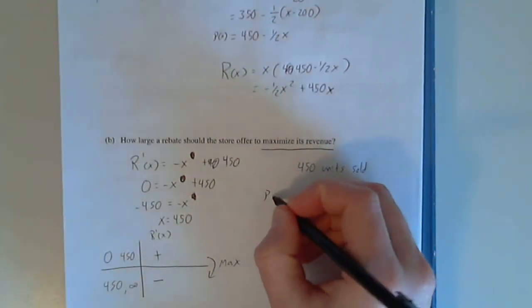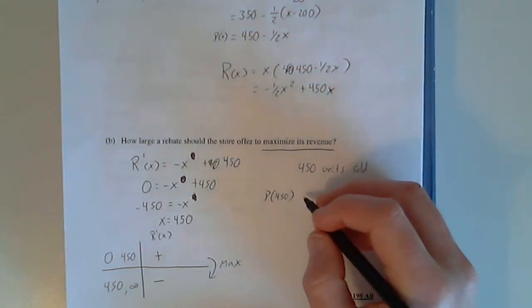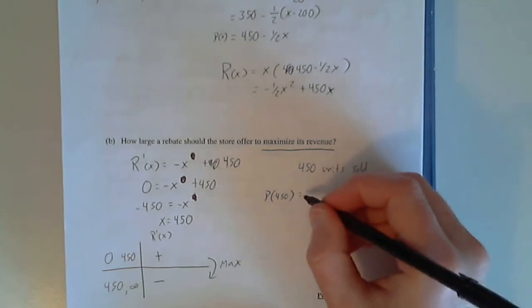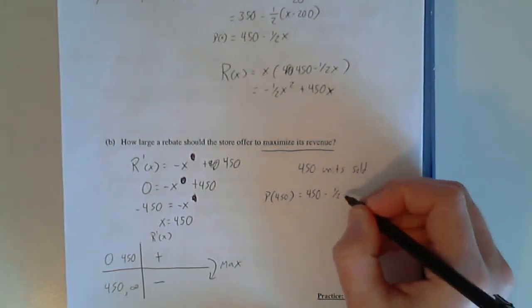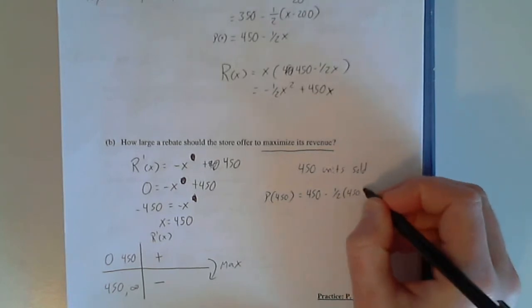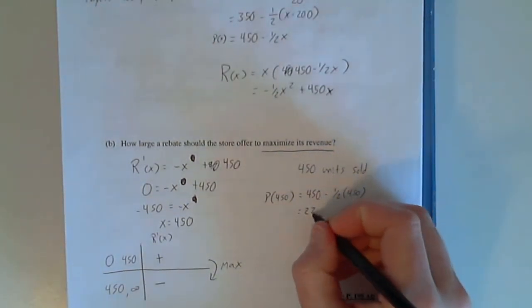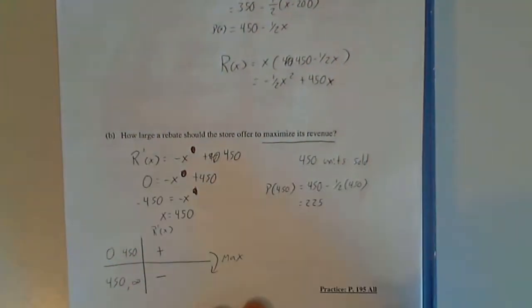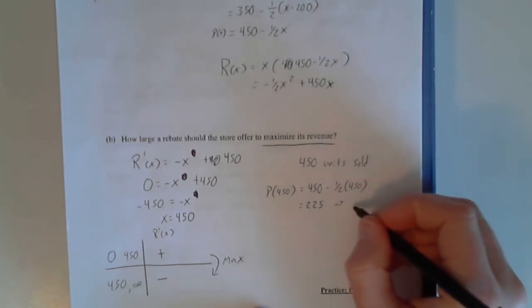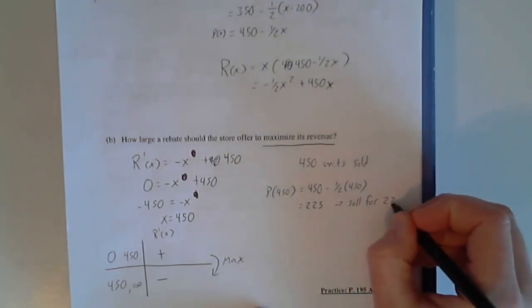Okay, what I would do is sub it into the demand formula. So P of 450 is equal to 450 minus 1/2 of 450, which is equal to 225. So using that, it means you want to sell them for $225.